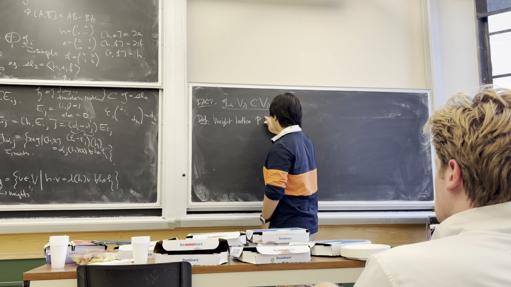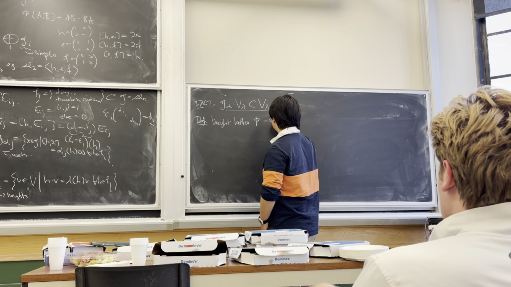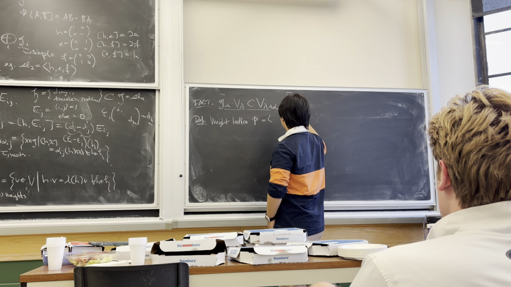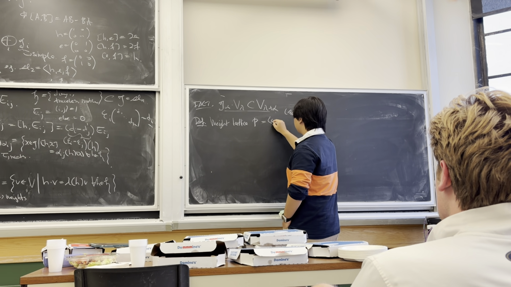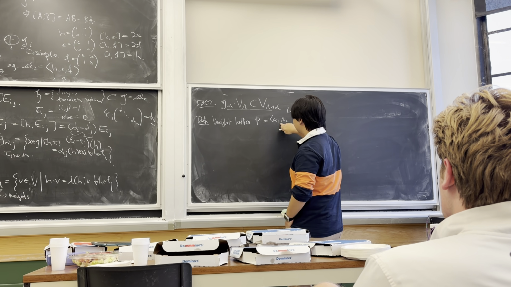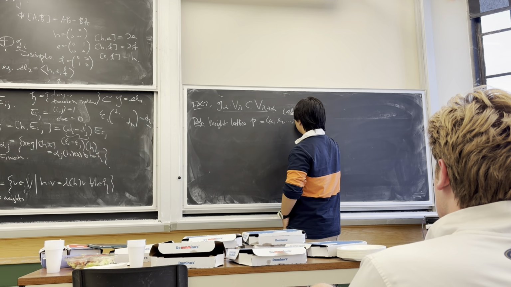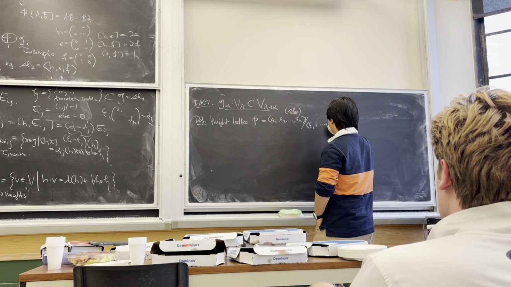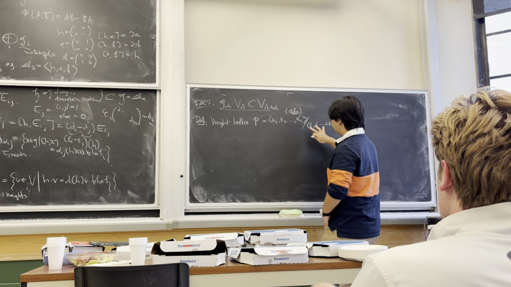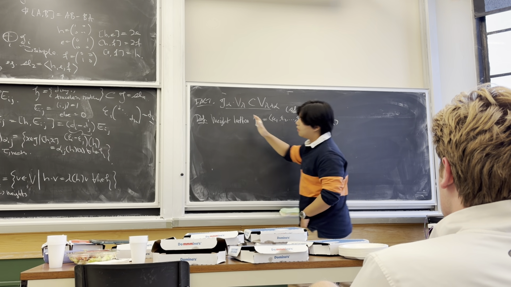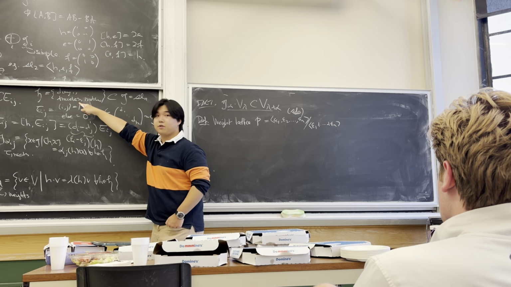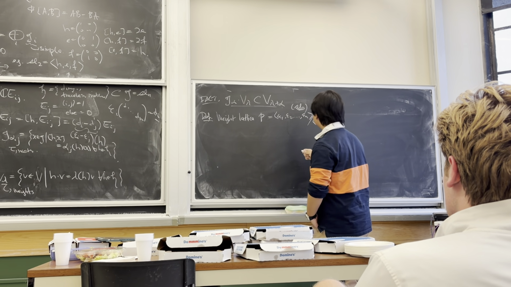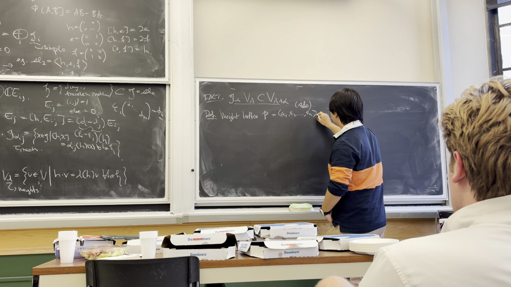For SLN specifically, P is equal to the span of all these linear functionals that are projections, and you mod out by this ideal epsilon 1 plus ... plus epsilon n, and this just comes from the fact that the diagonal has to sum to 0. Then you're spanning this over C, I should say.